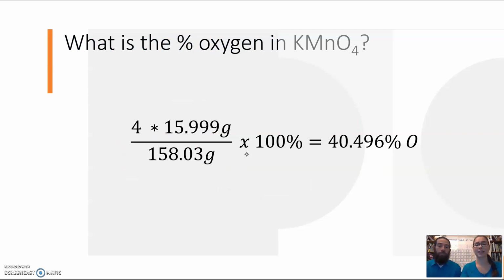In this case, one atom of oxygen is 15.999, from the periodic table. Multiply it by 4 because of the 4 in my formula, and divide by the molar mass of the entire potassium permanganate compound. Multiply that out, multiply by 100, and you get almost 40.5% oxygen.